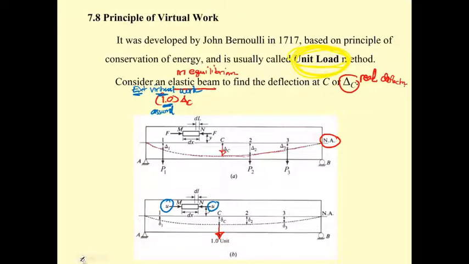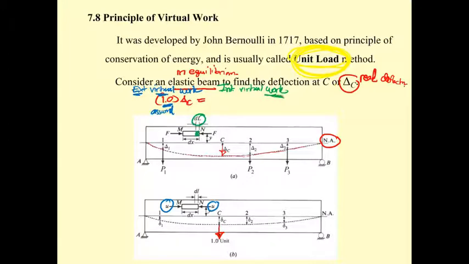And under the real load there is going to be the deformation dl here. If that's the case, the external virtual work is going to be equal to the internal virtual work.